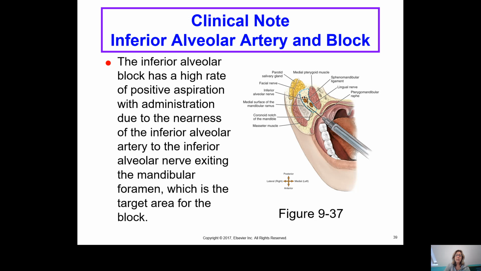You are aiming to anesthetize the inferior alveolar nerve, but sometimes you can catch the artery as you're entering or exiting, and you will end up with a positive aspiration. In other words, if you draw back on the syringe, you hope to aspirate no blood. If you are in the artery, you will draw back blood.